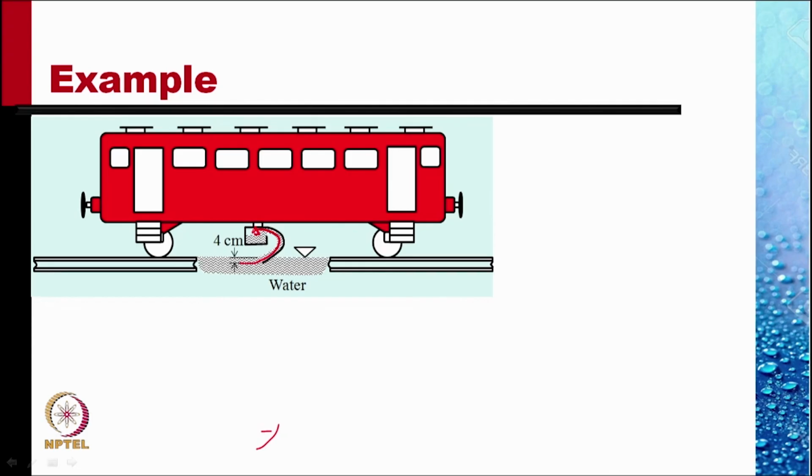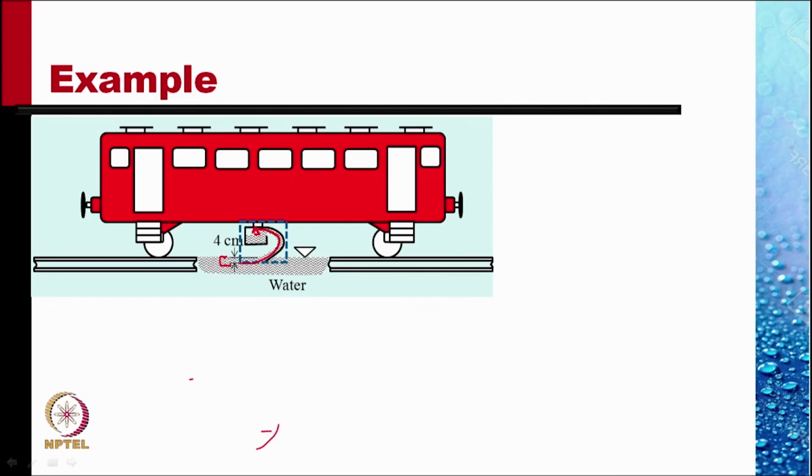If we choose a control volume like this, in this control volume, there is influx only at one location, this location. If we take unit depth of the scoop, then the area of the inlet is 4 centimeter into a unit depth, 1 meter.